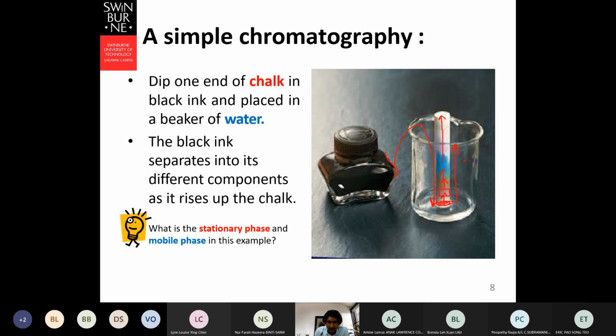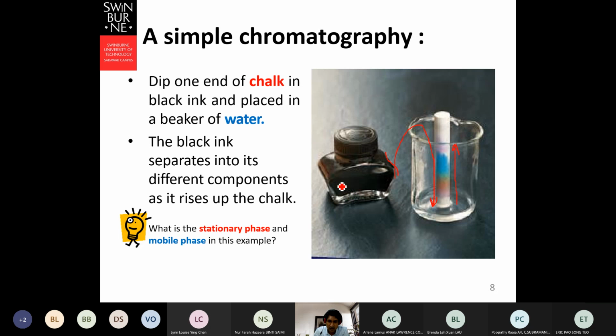So when the water goes up and makes the chalk wet, it will bring along the ink, since the ink is dissolved in the water. Because the ink is polar, it will get dissolved in the water. Water is polar as well.